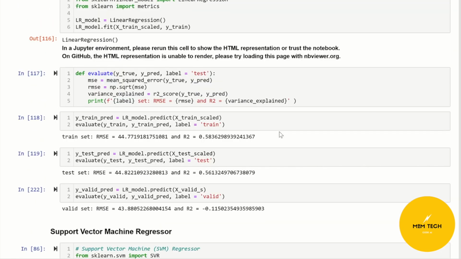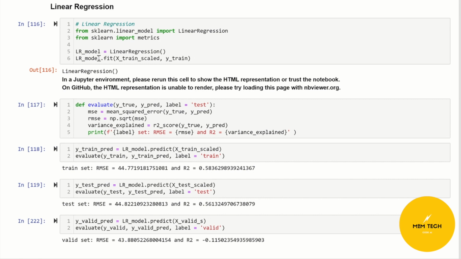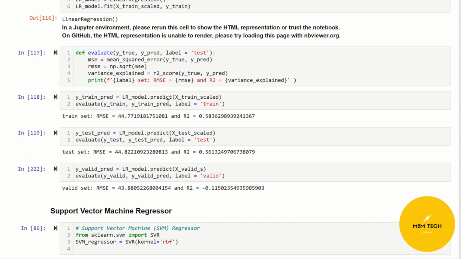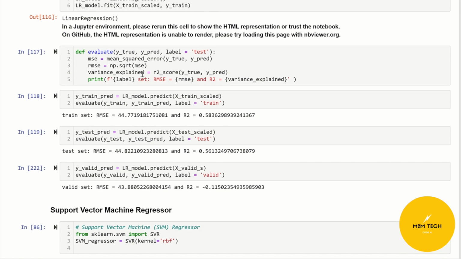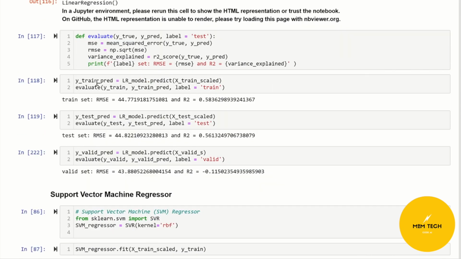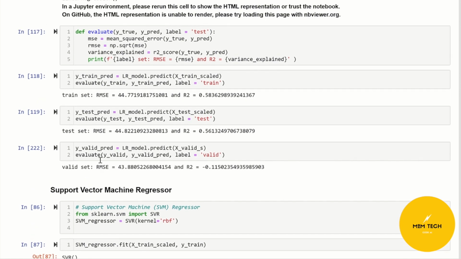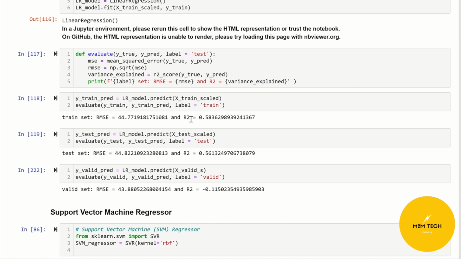So here, first up is linear regression. I fit my model and then I predicted. This function is here for evaluating my model, with train data set prediction, test prediction, and validation prediction. The R squared tells us the variability in the data set that our model is able to explain.